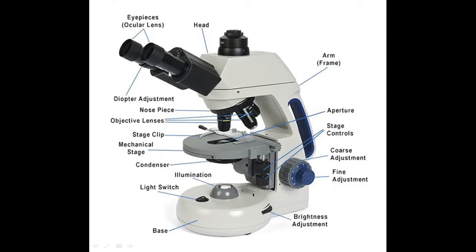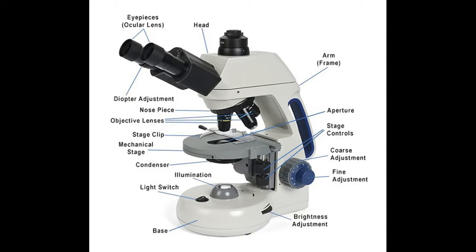Based on the type of radiation that is used for the magnification of the object on the stage, we can have light microscopes and also electron microscopes. Light microscopes use light to magnify the object on the stage, whereas an electron microscope uses a high energy electron beam to magnify the object on the stage.